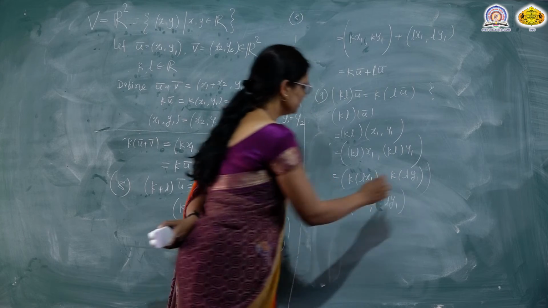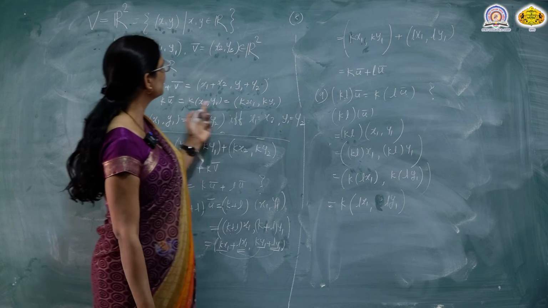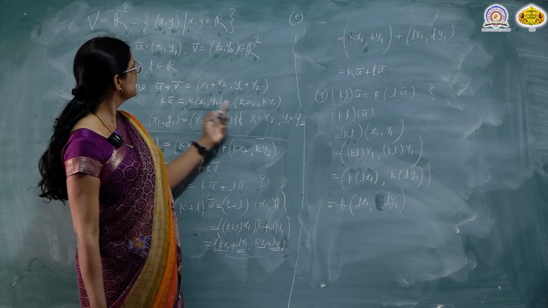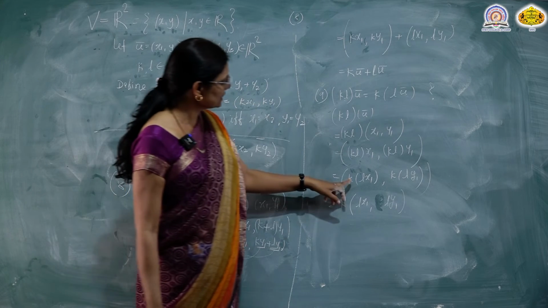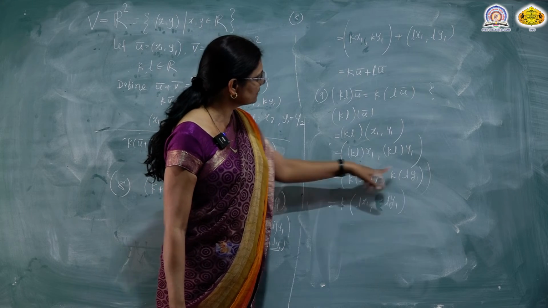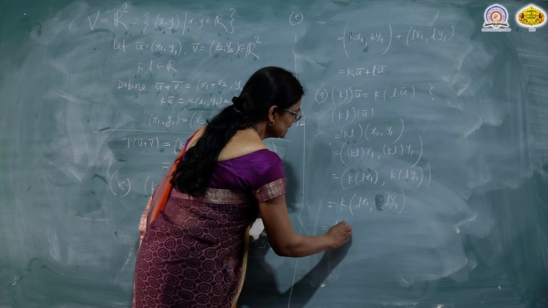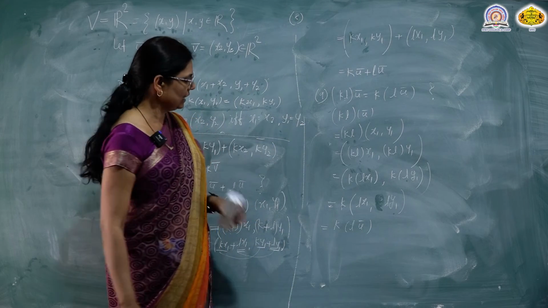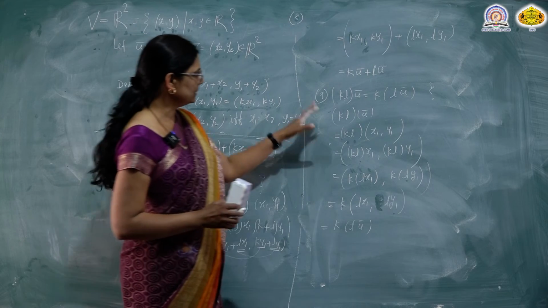So we use the reverse definition of scalar multiplication. Kx1, ky1 can be written as K times x1, y1. Use the reverse definition here. So this can be written as K times Lx1, Ly1, which is the same as K as it is, and this is Lu bar. And thus the property is true here. This is our 9th property.